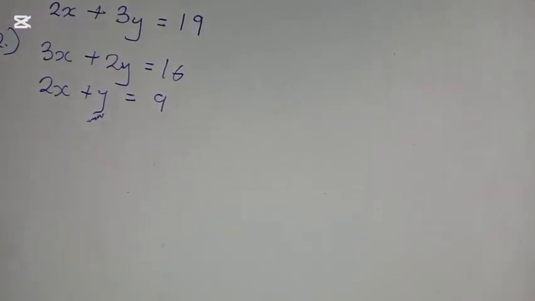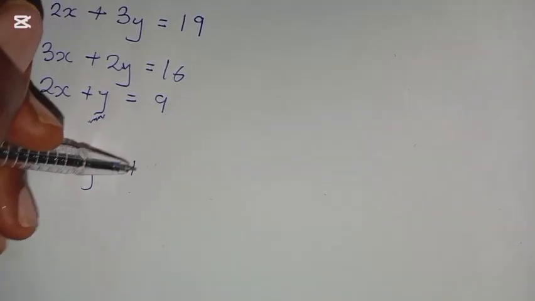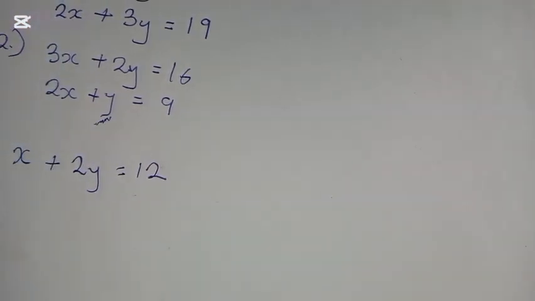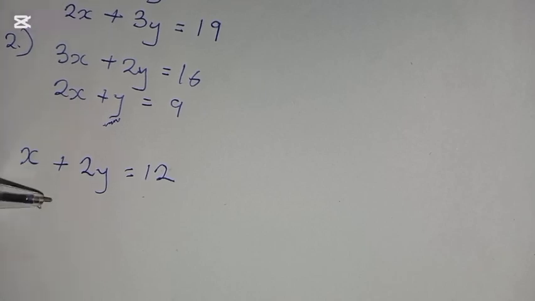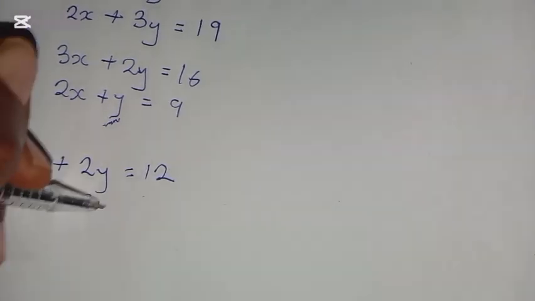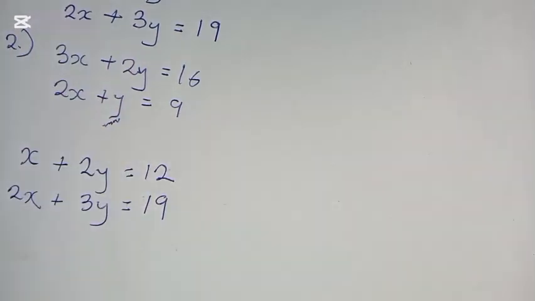For the first question, we have x plus 2y equals 12. That's for the first part. Then the second part, we have 2x plus 3y equals 19.